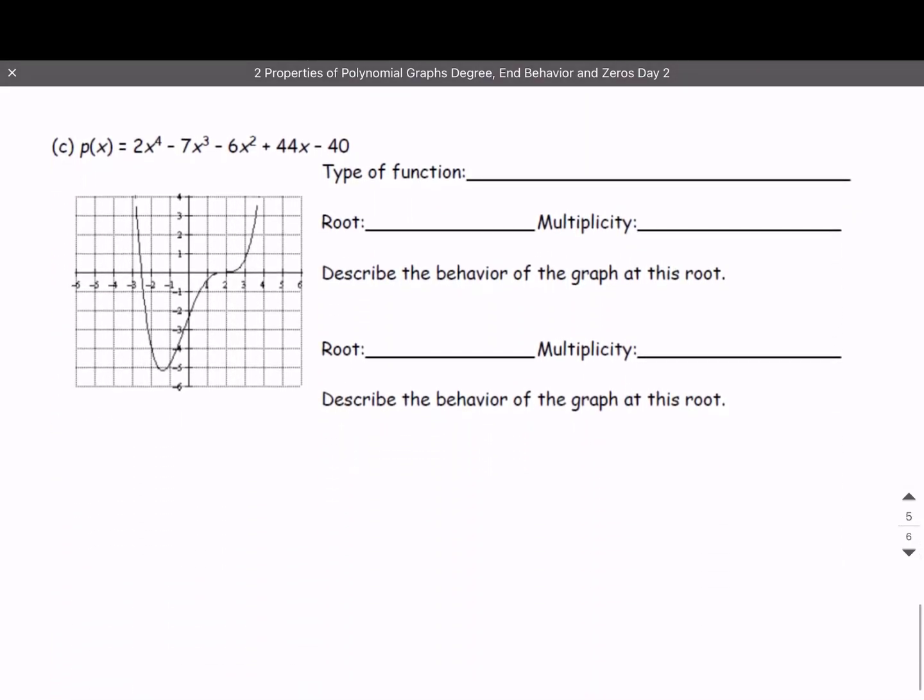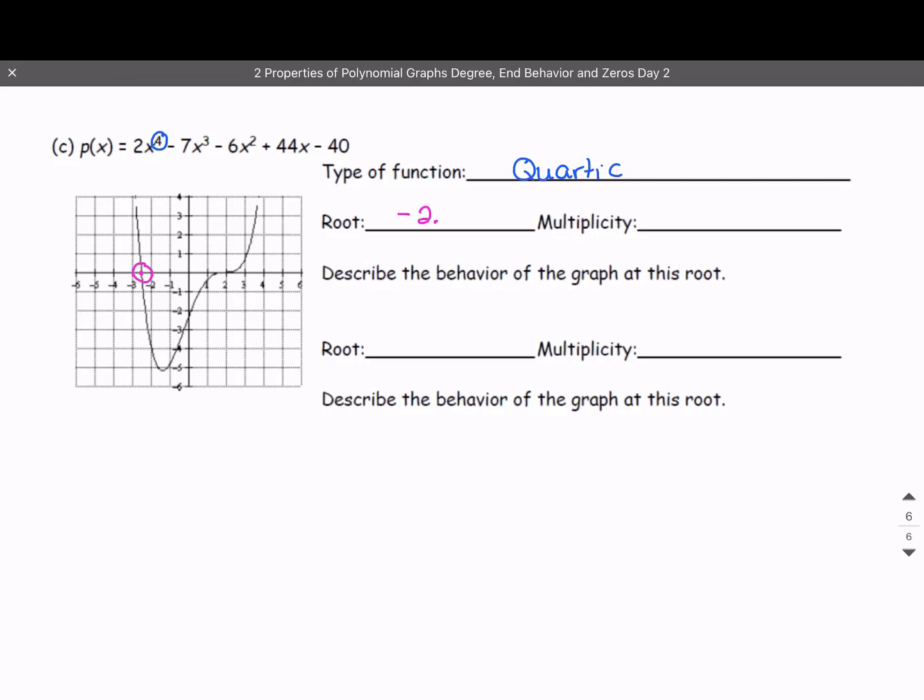Last example for today. P of x is 2x to the fourth minus 7x cubed minus 6x squared plus 44x minus 40. And we have a 2x to the fourth as our leading term. The highest power of x is 4, which makes this a quartic function and means we're going to have 4 roots. So I'm going to start, and the first x-intercept I see is here, about halfway between -2 and -3.